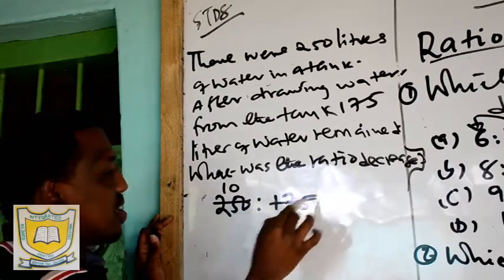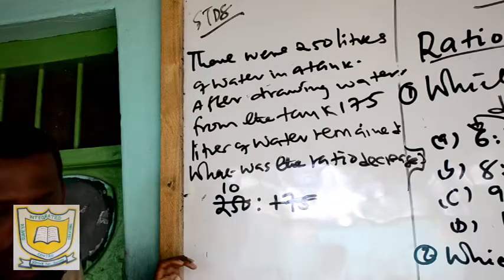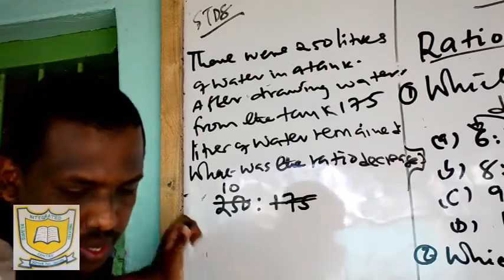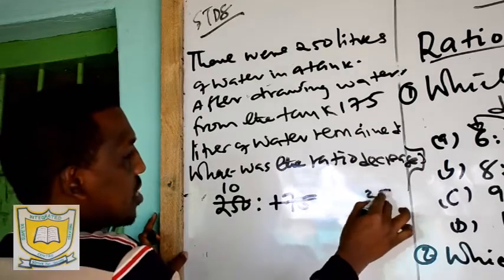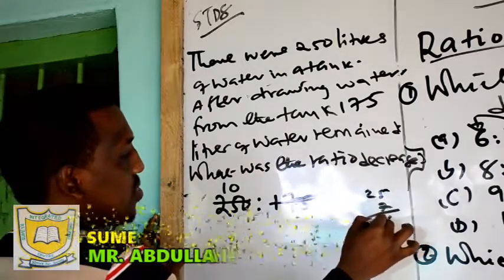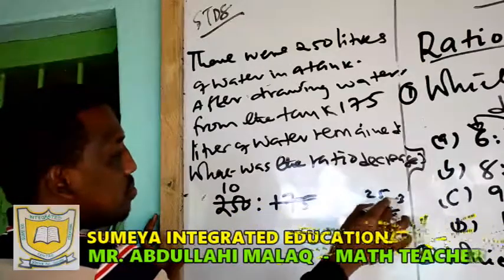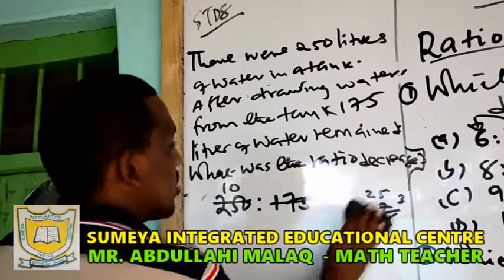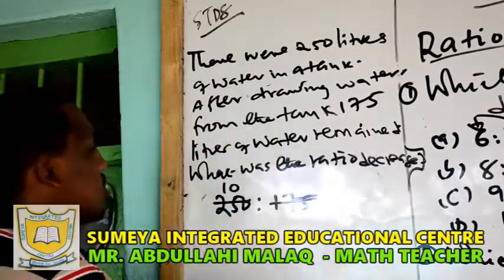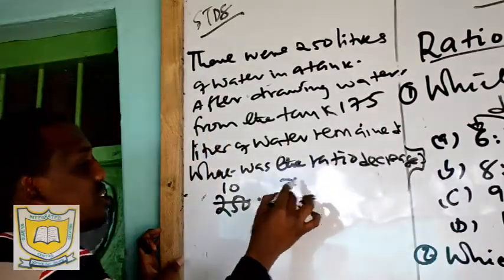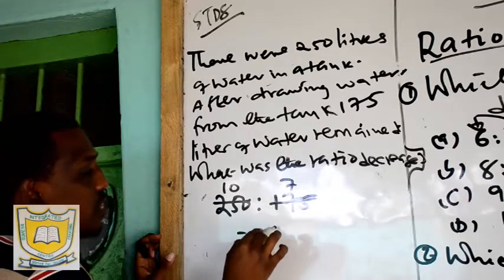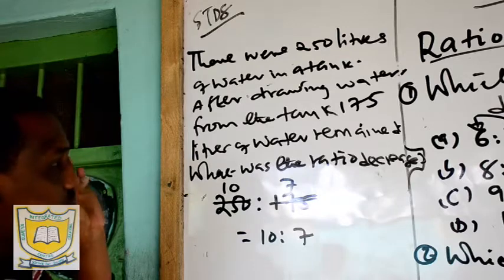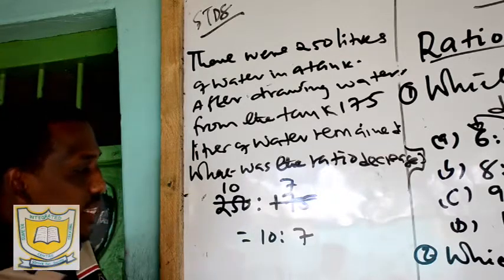By 25, here goes 25, how many times? 25 goes into 175, I think 7 times. 25 times 7, 35, carry 3; 14 plus 3, 17, 175. So it goes 7 times. By 25, 10. By 25, 7. Which is equal to now 10 to 7.